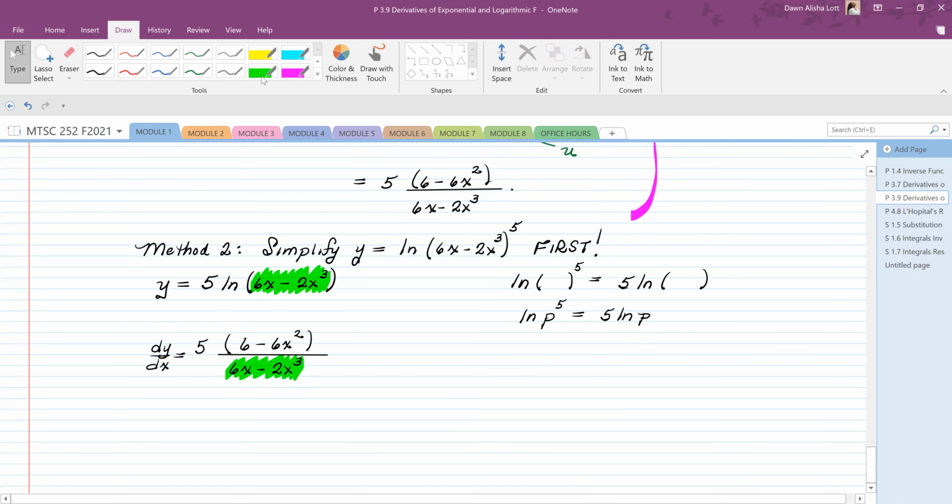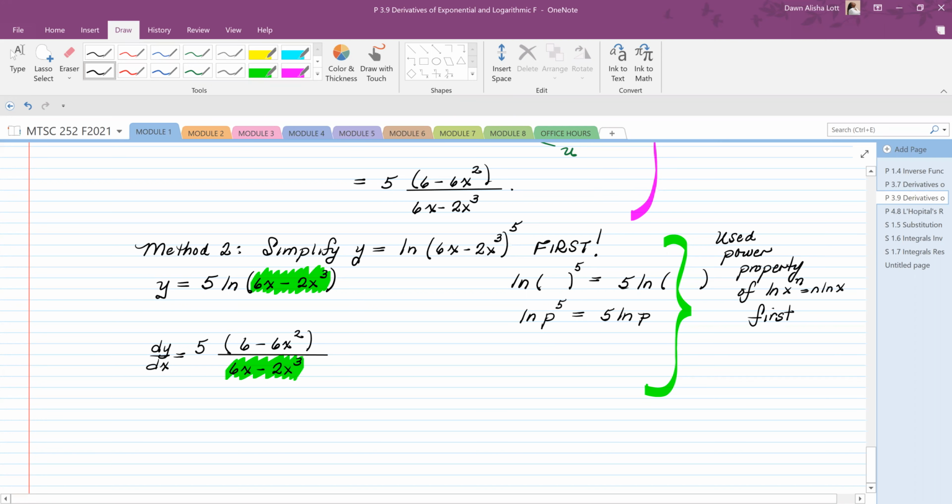So for this one, I used the power property of logs first. Okay?